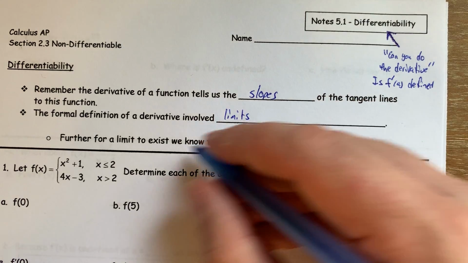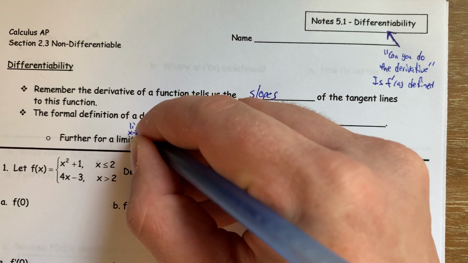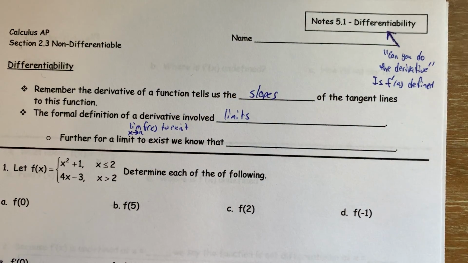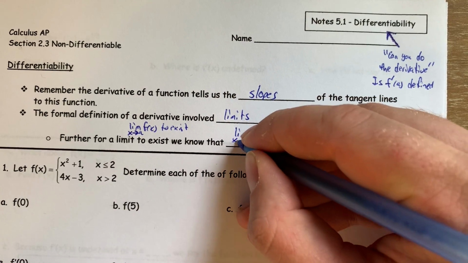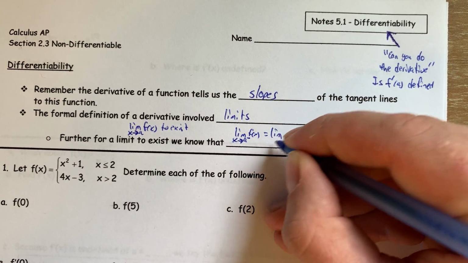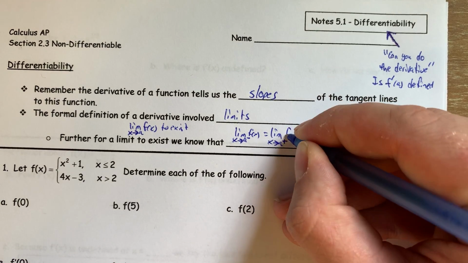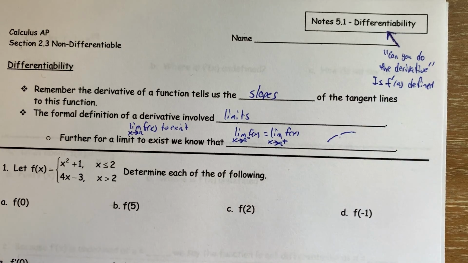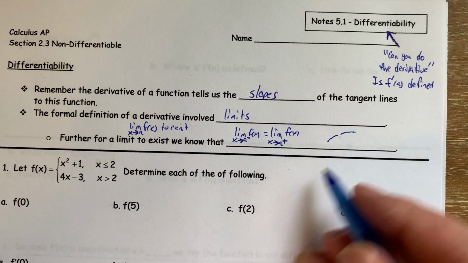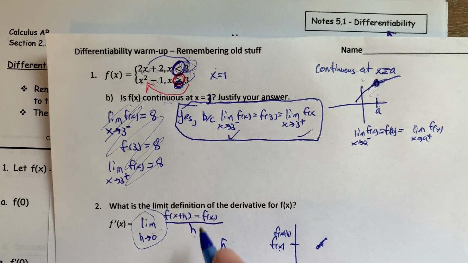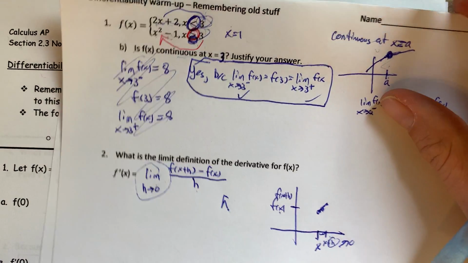For the limit as x approaches a of f of x to exist, we need the limit from the left to equal the limit from the right of f of x. If it's coming to the same thing from both sides, we say the overall limit exists. And so for the derivative to exist, the limit from the left and the limit from the right need to exist.